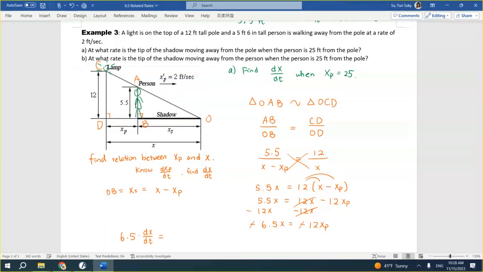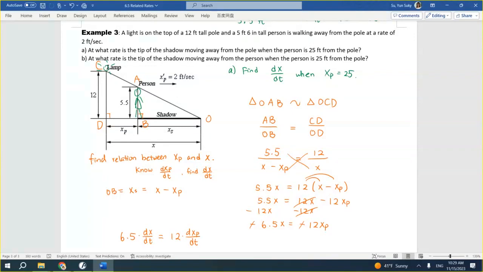And then the derivative of 12xp is what? 12 times dxp/dt. Everybody okay? You get used to the differentiation. You take the derivative. It's the regular formula multiplied by d of that variable over dt. Yes.